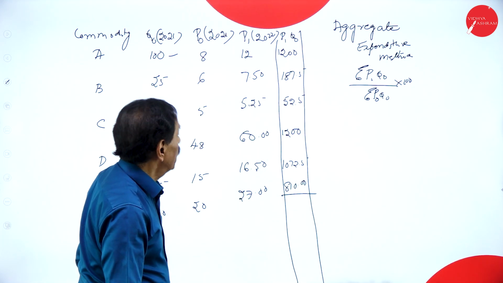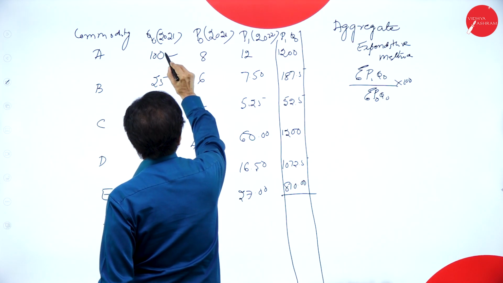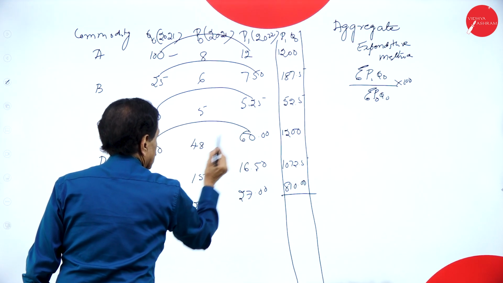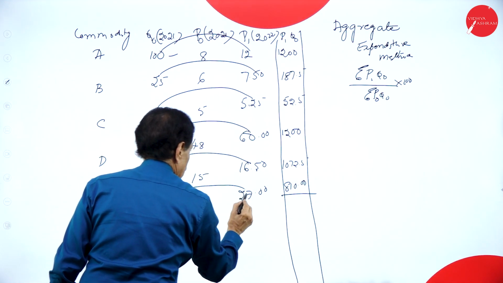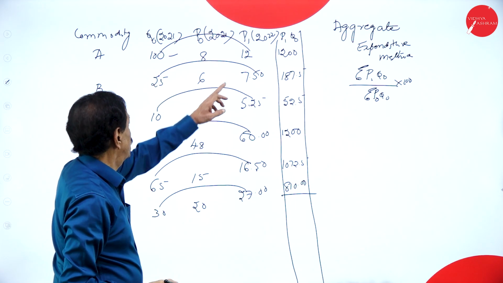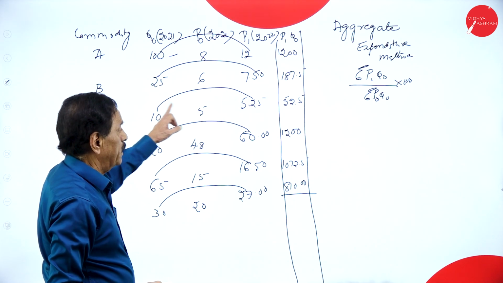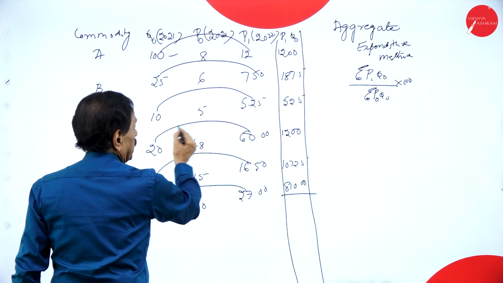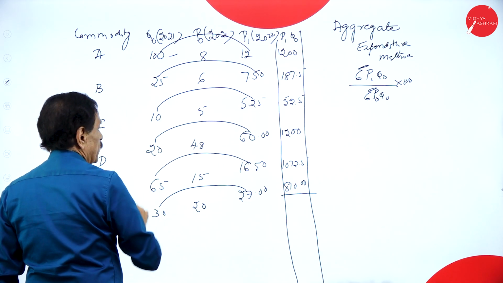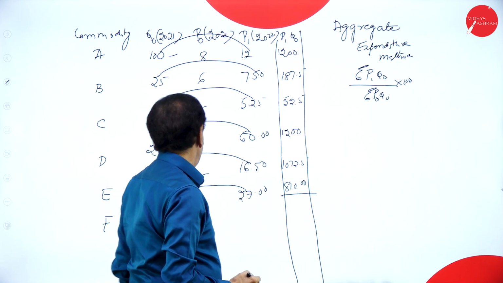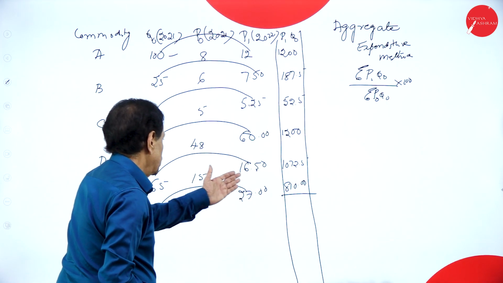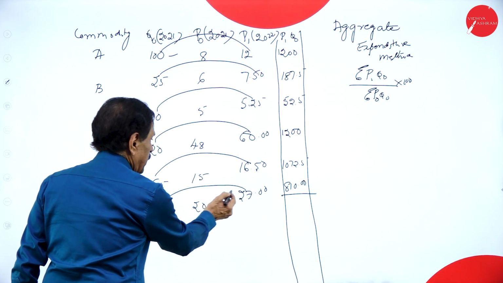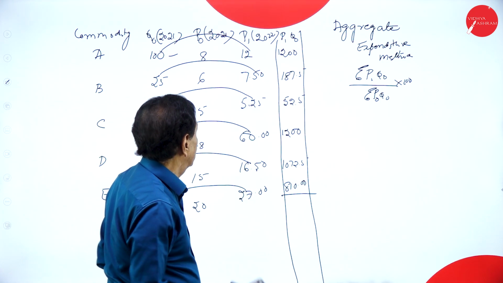So multiplication, P1 Q naught: 12 into 100 is 1200, 7.5 into 25 is 187.5, 5.25 into 10 is 52.5, 60 into 20 is 1200, then 16.5 into 65 is 1072.5, 27 into 30 is 810.